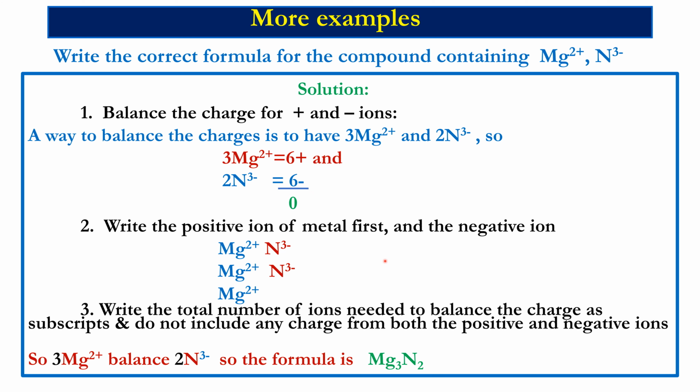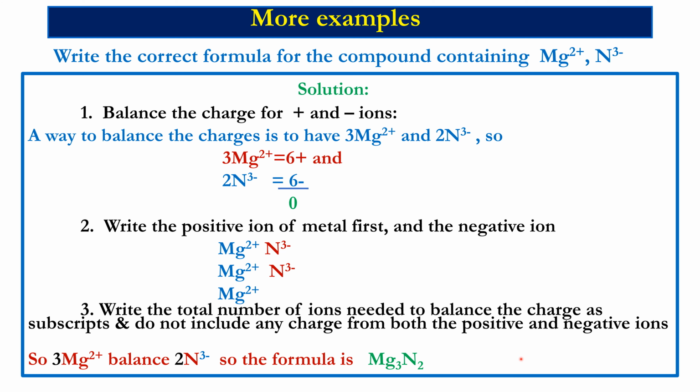So the next thing is to write the positive ion of metal first and then the negative ion. Because we need 3, we write it 3 times, and because we need the negative ion twice, we write it 2 times. So in this way, the charges are balanced. So the last thing to do is to write the total number of ions needed to balance the charge as subscripts.